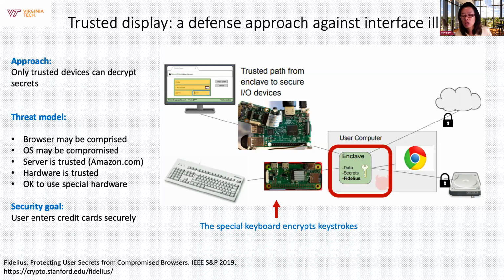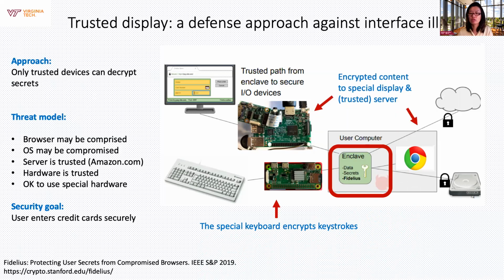The keyboard to enclave communication is encrypted, and the monitor to enclave, and the enclave to server, are all encrypted. And so you're just tunneling back and forth. The enclave is the enabler for this tunneling mechanism.